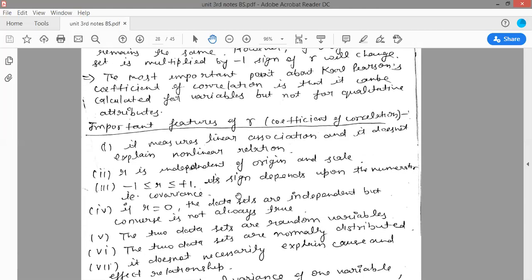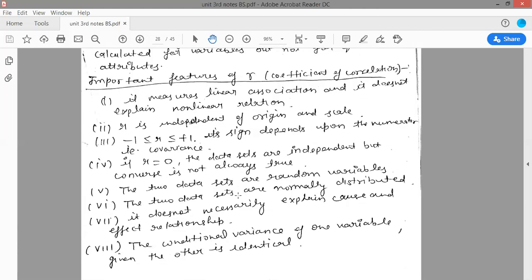There is a next point, important features of coefficient of correlation. So important features, first point, it measures linear association and it does not explain non-linear relationship. That means if your relationship is linear, then you can find your measure coefficient of correlation, but if your relationship is not linear, that means it cannot be defined.